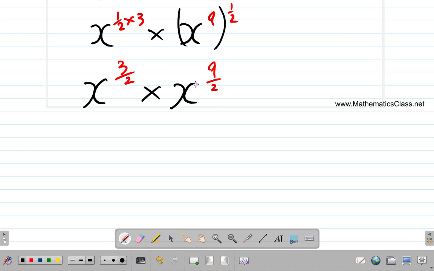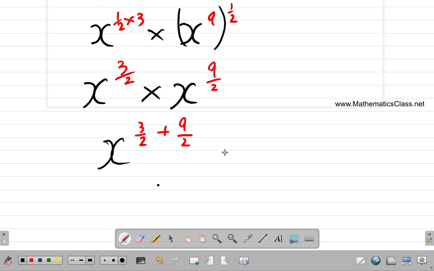is a situation where we have two things multiplied here. We have the base of the indices is the same, it's x raised to different powers, and they multiply. So what we have then is x raised to the power of, you're supposed to add the indices, 3 halves plus 9 halves.